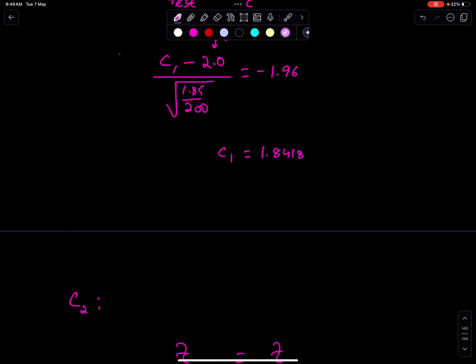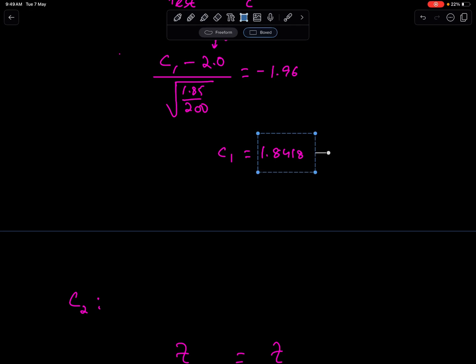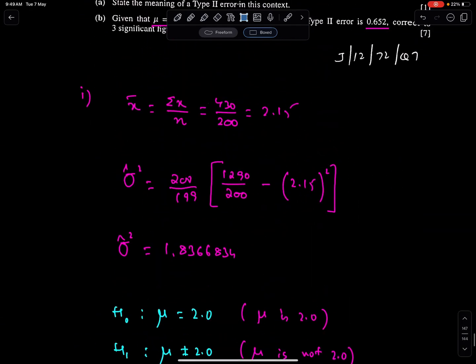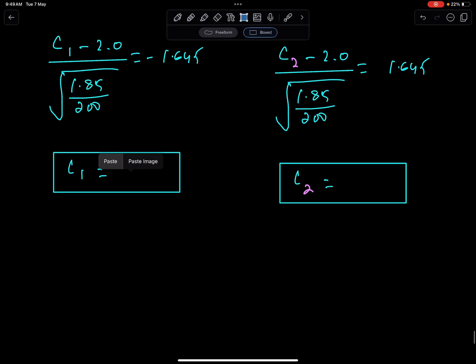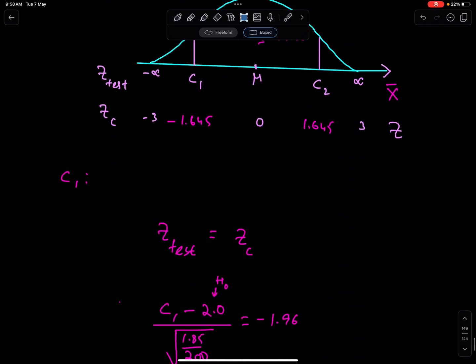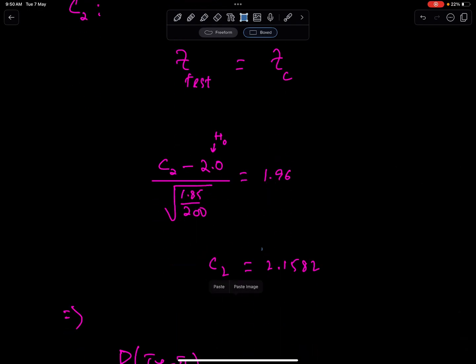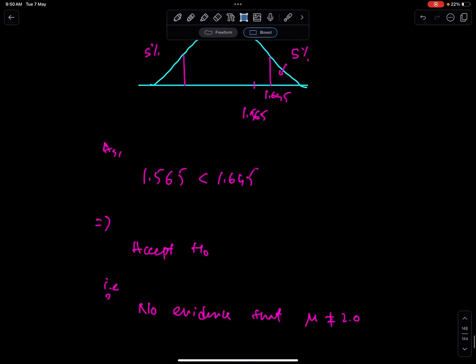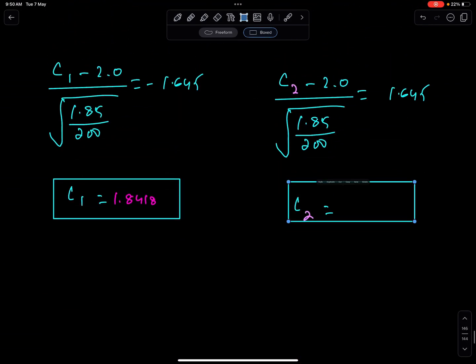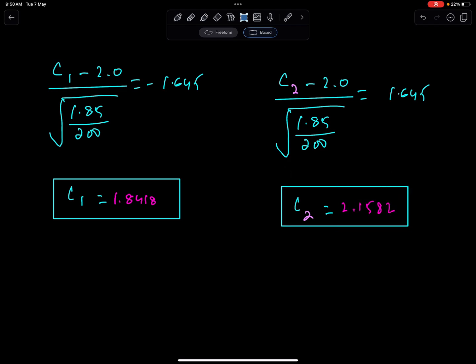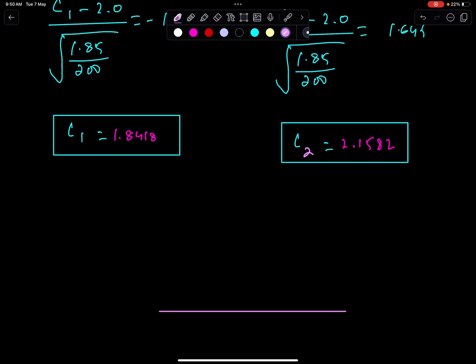So C1 is 1.8418. First copy this. And C2 is 2.1582. So these are the two critical regions. So this is 2.1582 on X bar, and this is 1.8418.